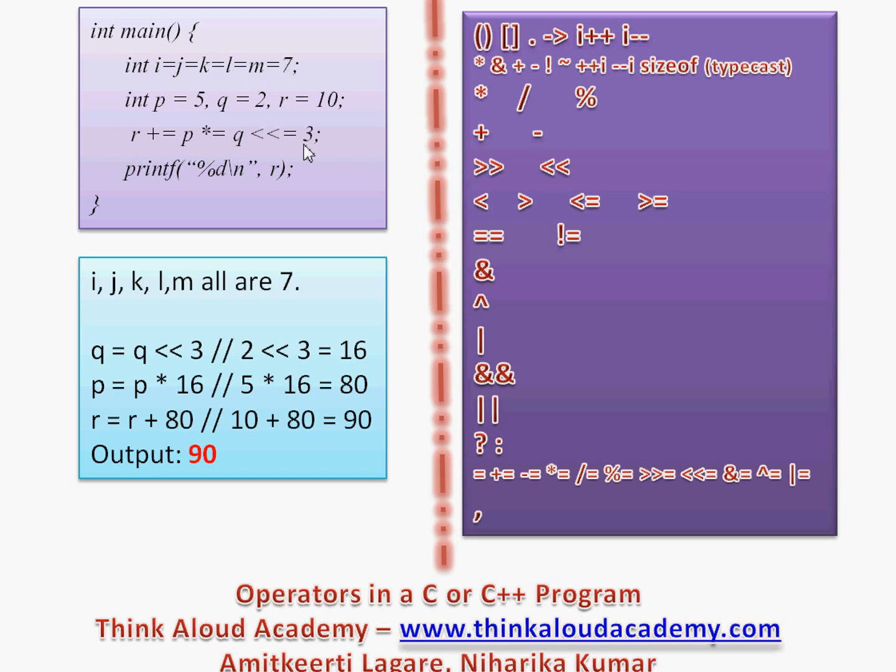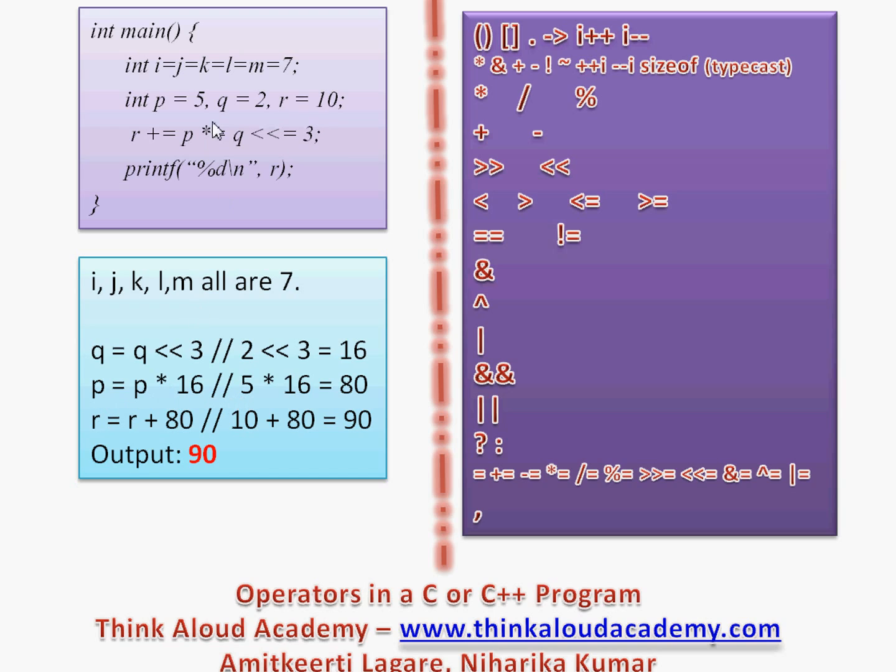And in this particular evaluation, again, this is a right to left evaluation. So first we will do Q is equal to Q left shift of 3. Q is 2, so when we do a left shift of 3, we get 16. Then we do P is equal to P star 16.